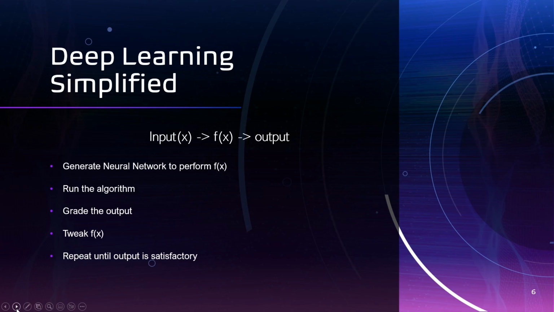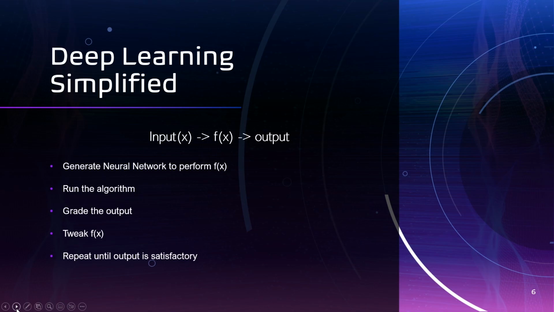So how deep learning changes that up is that you generate a neural network to perform a function f(x). You run that with a data set, so you have a bunch of inputs, and that could be a sample data set of 10 to millions based on what you're trying to do. This neural network that you generated will give you a function, and it will give you an output. Then you grade that output.